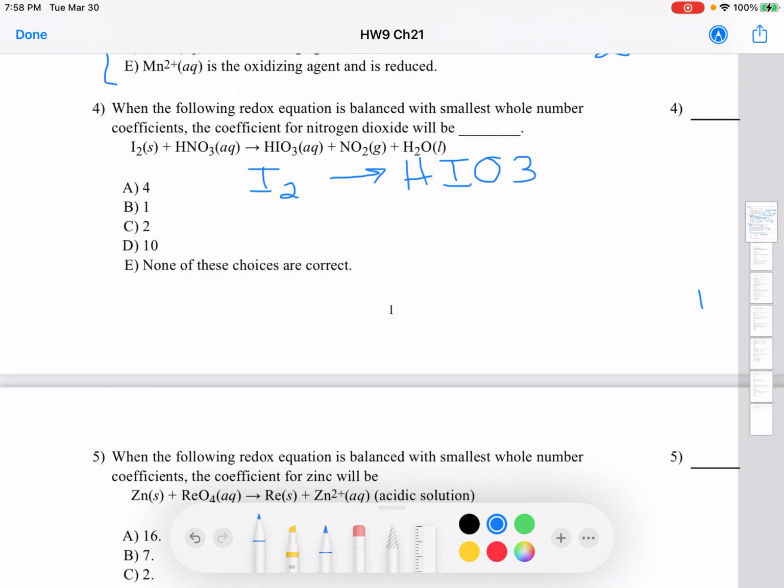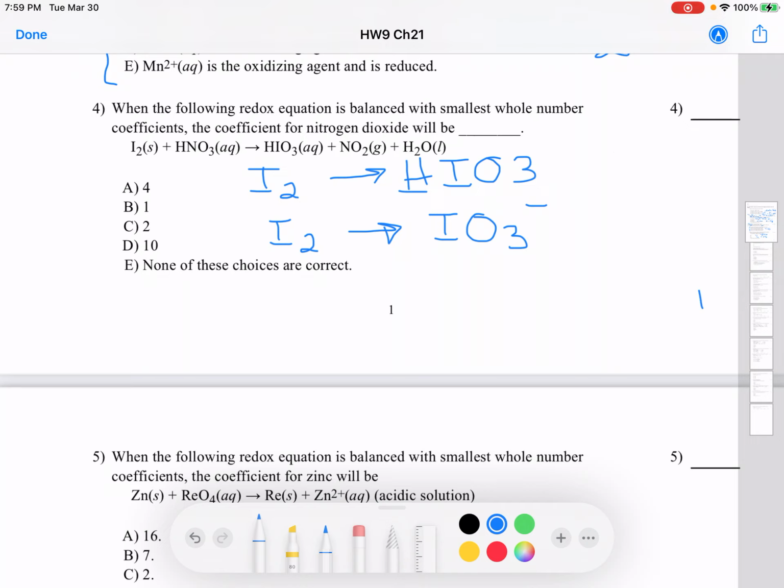So what we normally do is we separate the proton part and we isolate the ions that are undergoing reaction. Iodic acid can be separated into H plus ions and IO3 minus. So we remove H plus and we take iodate, because this hydrogen comes from the acid. So we can add it later after we balance it.